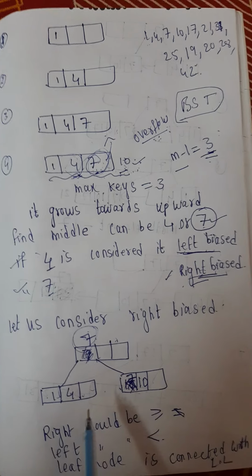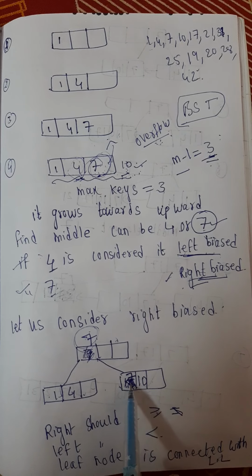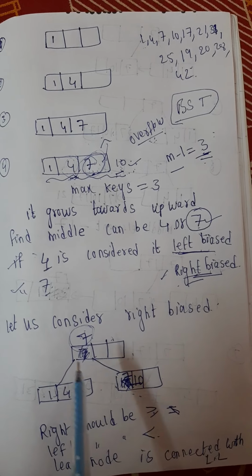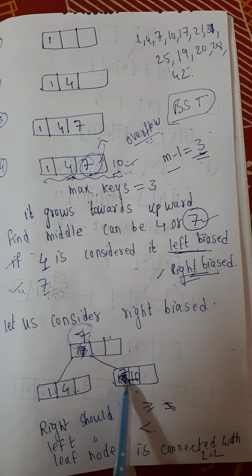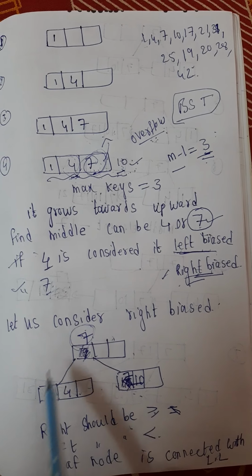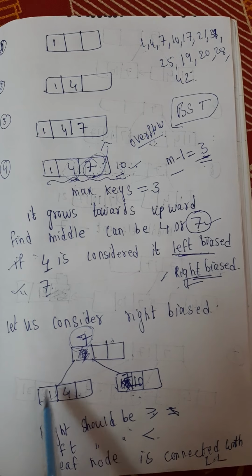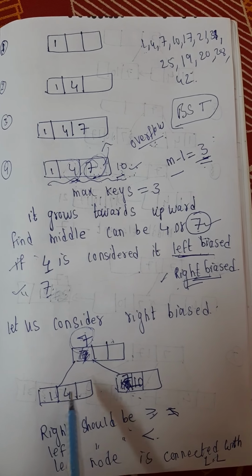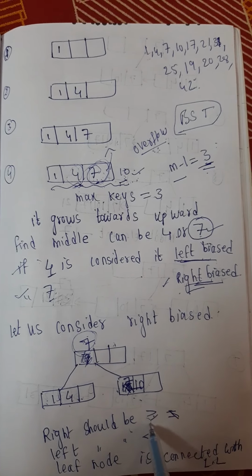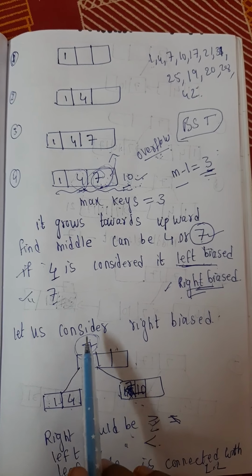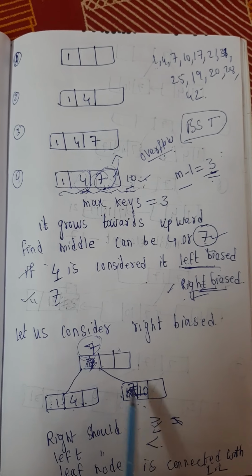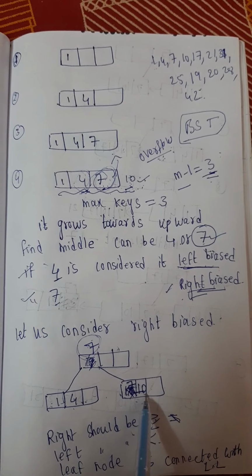So the data on the right should be greater than or equal to 7, and whatever values you have in the left should be less than. Actually 7 can also come here, but let us apply the property that the right should be greater than or equal to. So that is the reason I have taken 7 and 10.